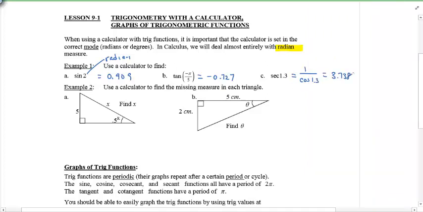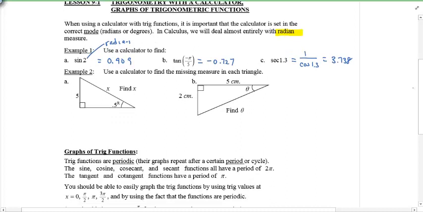Okay. Now, if we're not using those special angles that we reviewed from the last lesson, then we have to use a calculator to evaluate. So in this case, I have the angle, I have the opposite side, and I want to find out the hypotenuse. So you should be thinking, which trig ratio should I be using?